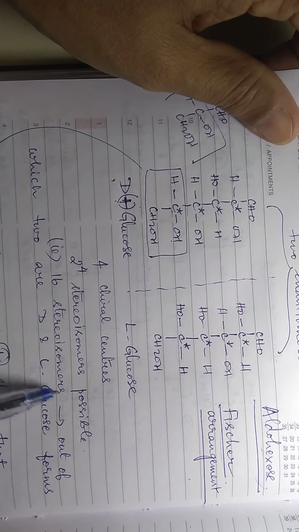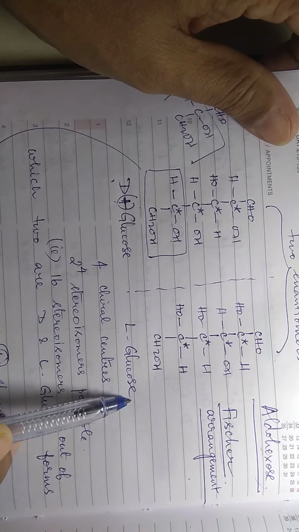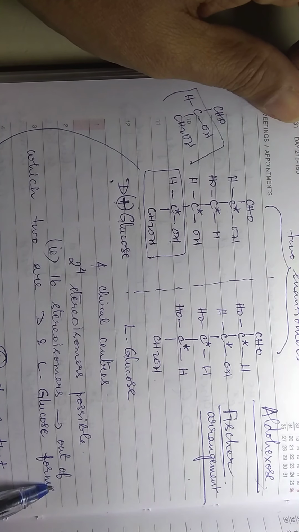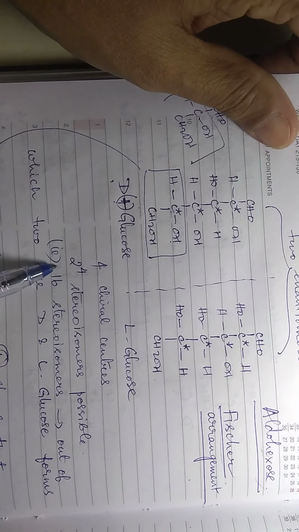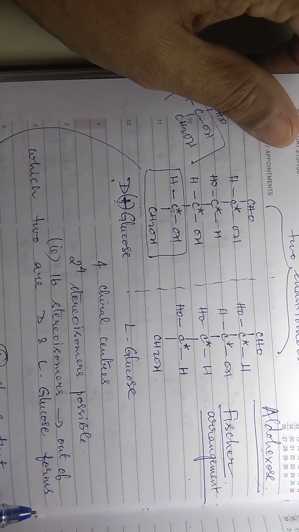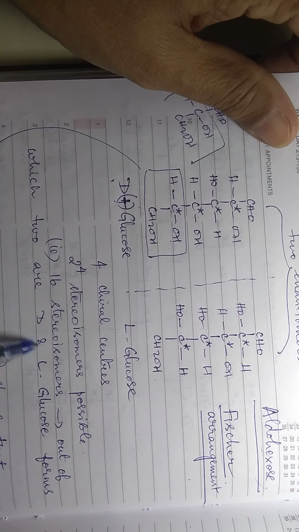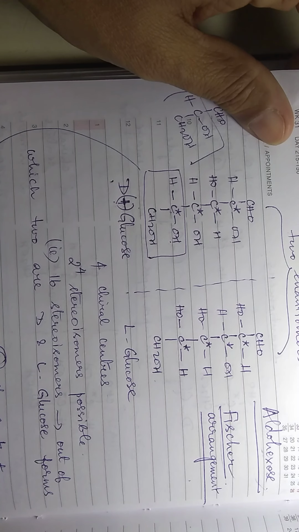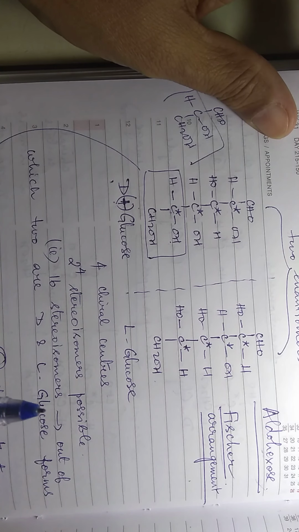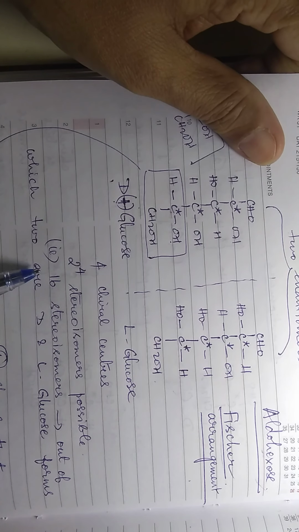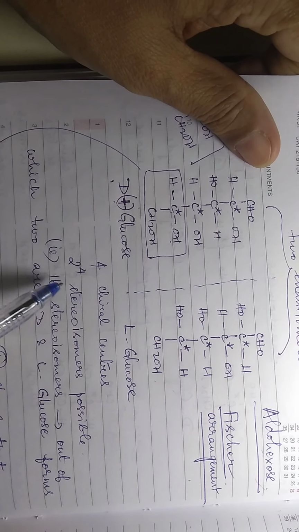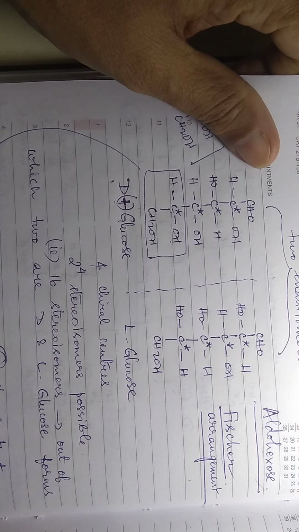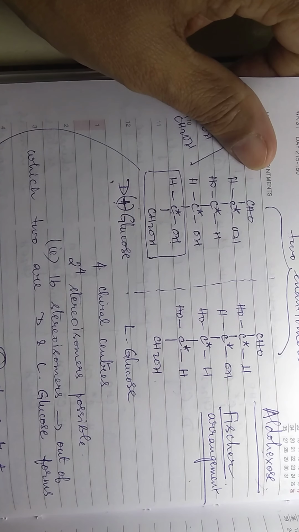Out of the 16, D-glucose and L-glucose are 2. And the rest of the 14, you need not study all these things. You're very fortunate. So just understand how many stereoisomers are possible and on what basis you find that out.